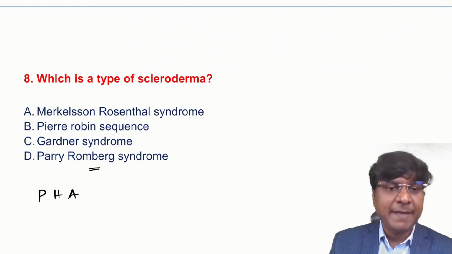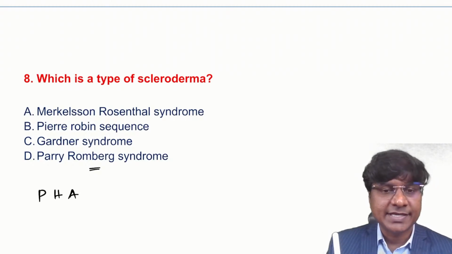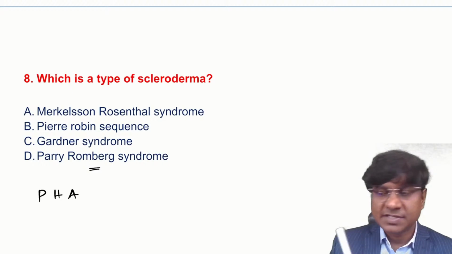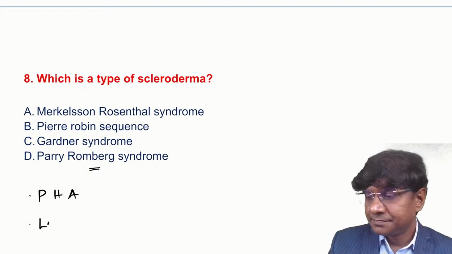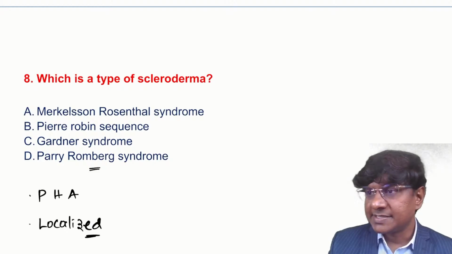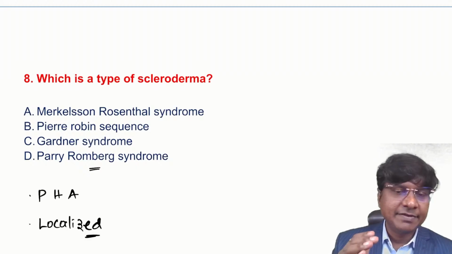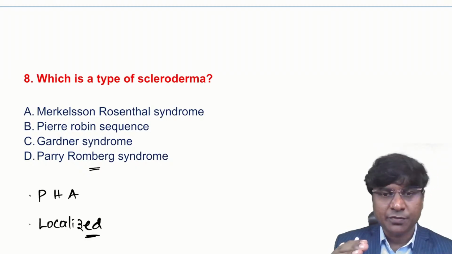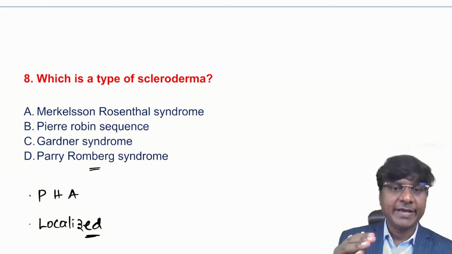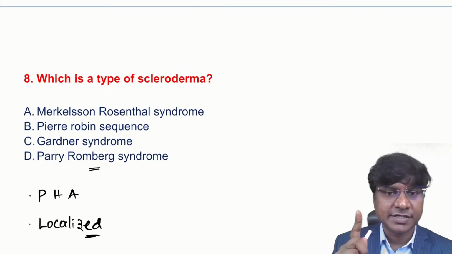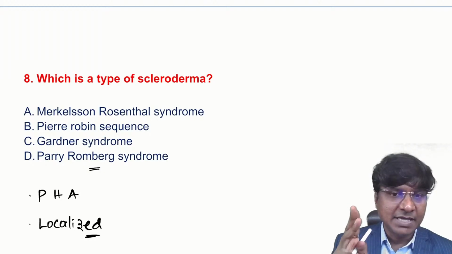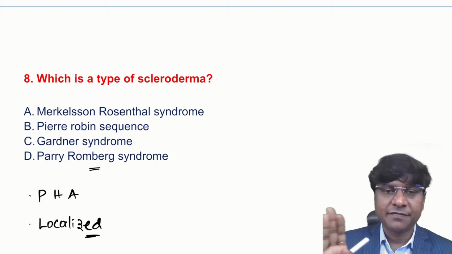And this Parry-Romberg syndrome is considered a localized form of scleroderma, right? They will have a slowly progressive atrophy of the skin, and slowly progressive atrophy of the subcutaneous tissue, muscle, and sometimes bone on one side of the face.